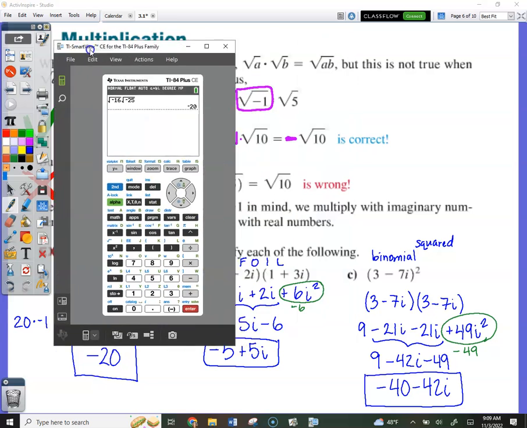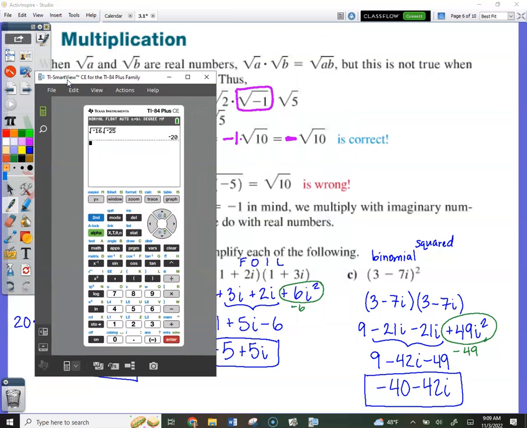Now let's enter 1 plus 2i. You've got to look at your calculator to find the i button. Hit second and then the decimal.